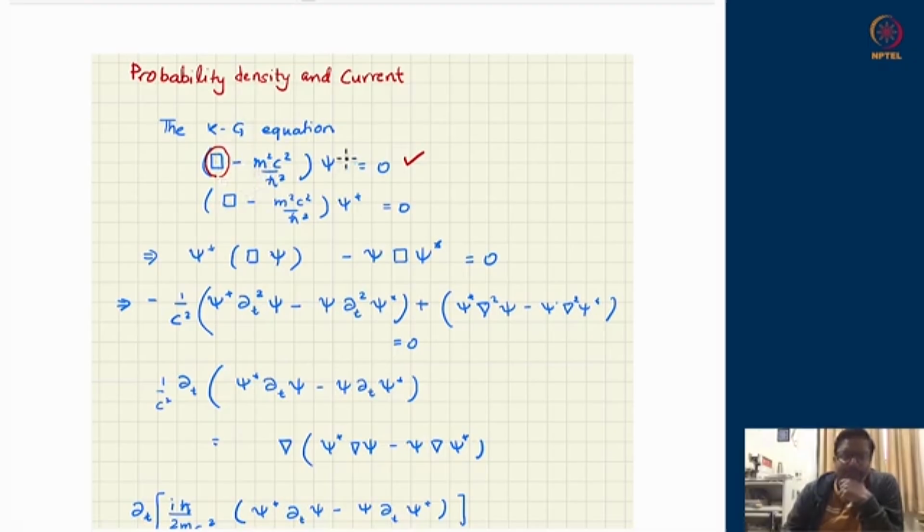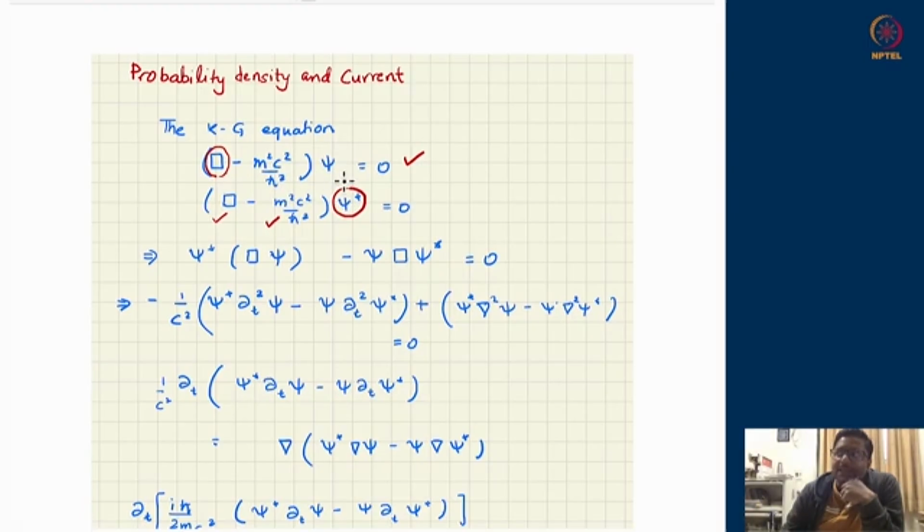Now if I take the complex conjugate of the whole equation, nothing will happen to the box because it is made up of real quantities. Nothing will happen to the rest momentum term either. The only thing that will change is psi, which will go to psi star under complex conjugation. So that means psi and psi star both satisfy the Klein-Gordon equation.